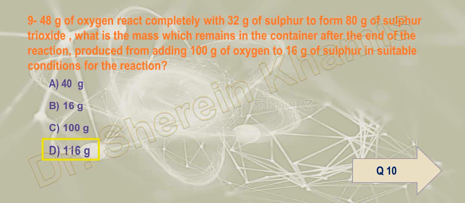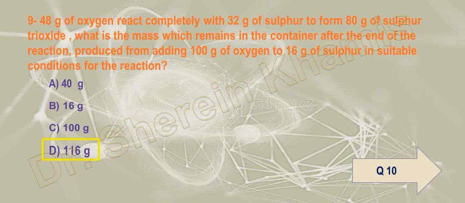Also, if we take 100 gram oxygen and 16 sulfur, the total mass will be 116 gram. I think it's an easy question, but it was put in a very long statement that disturbs us.